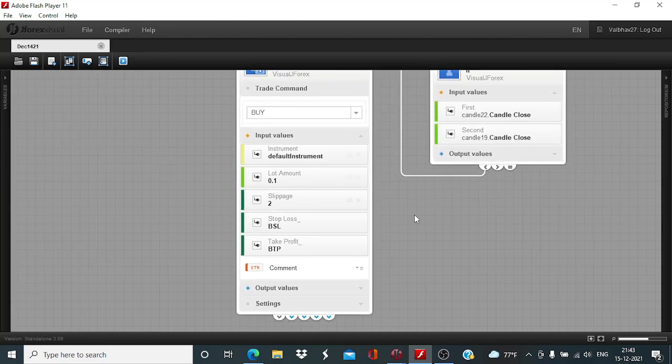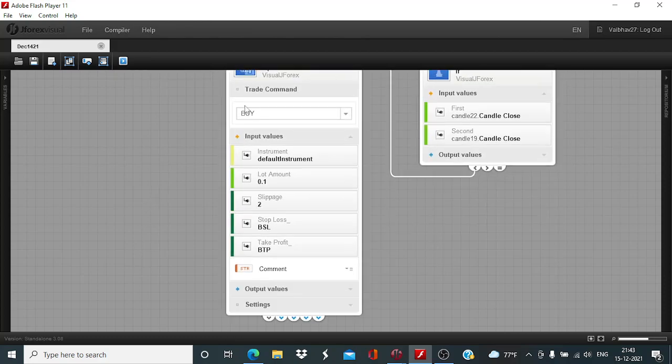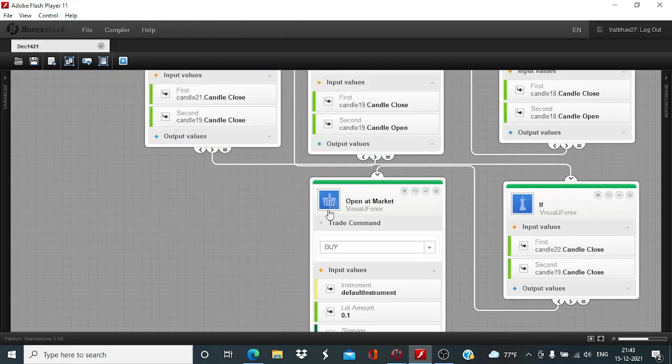So with this, we have defined the parameters for this trade command block of the buy trade.